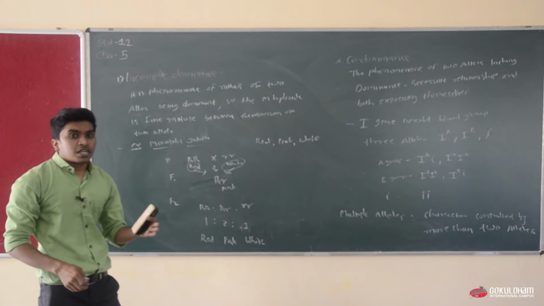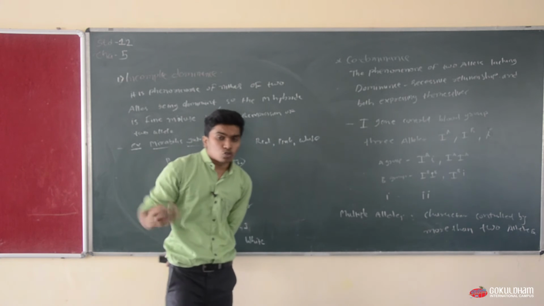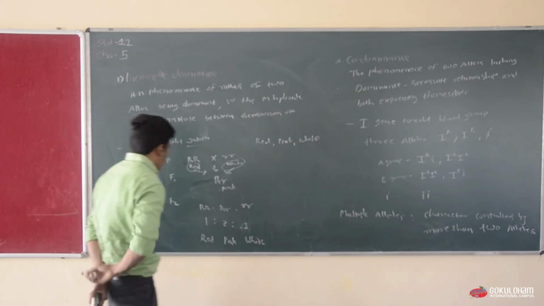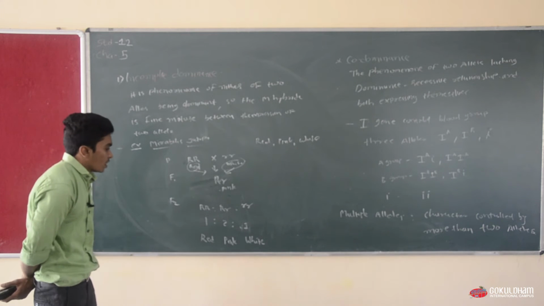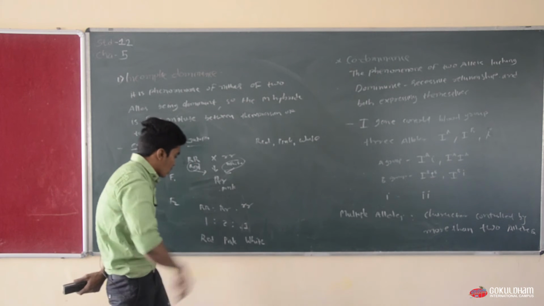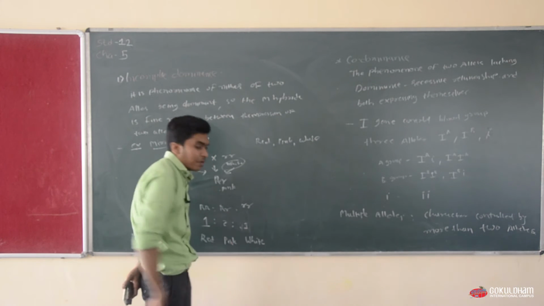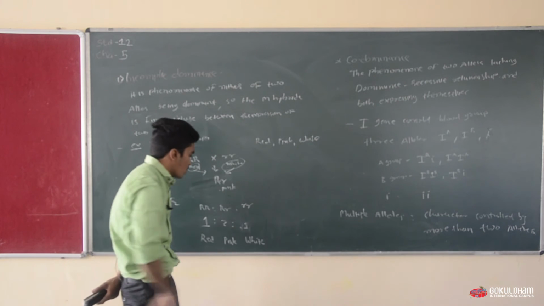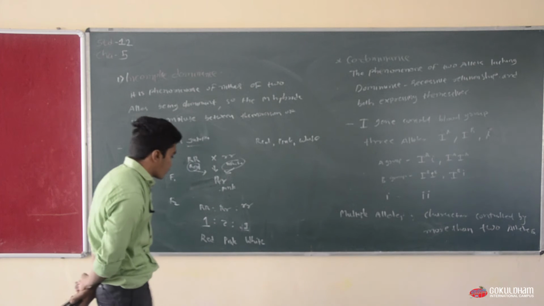And in the F2 generation, when we allow this pink flower to self pollinate, they will produce 3 different kinds of flowers in the F2 generation in the ratio of 1:2:1. One plant with red flower, two plants with pink flower, and one plant with white flower.